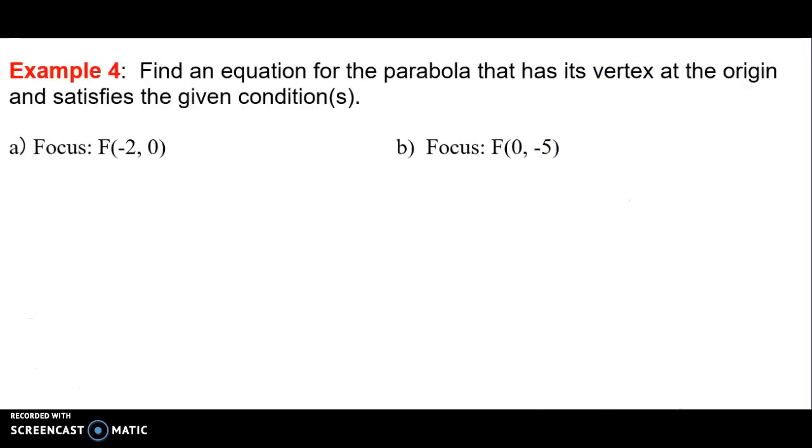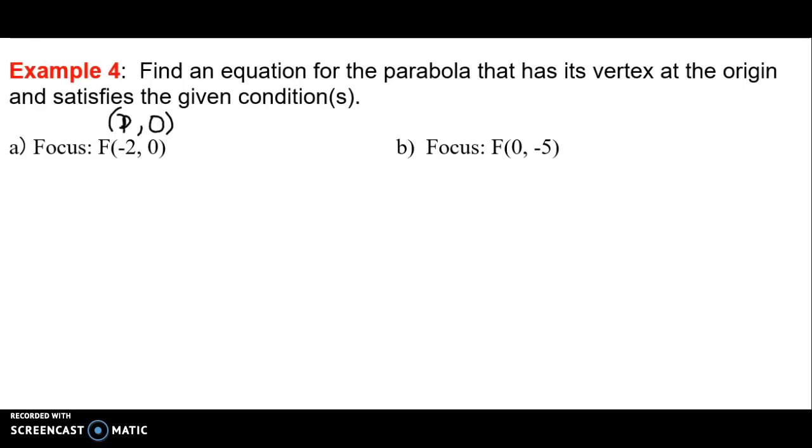Example 4, find an equation for the parabola that has its vertex at the origin and satisfies the given conditions. So looking at your focus to be -2 and 0, ultimately this is set up as p and 0. Think about your equation that it matches up with. Does it match up with the horizontal axis, or does it match up with the vertical axis? So when looking at this, it matches up with the horizontal axis.